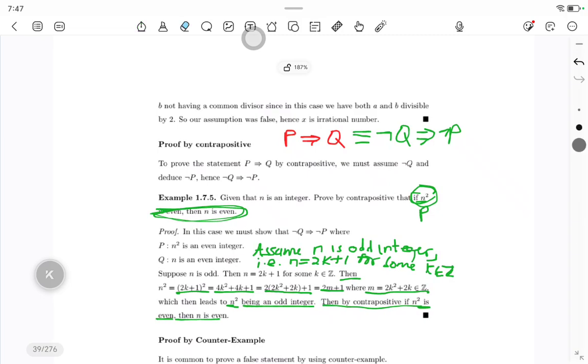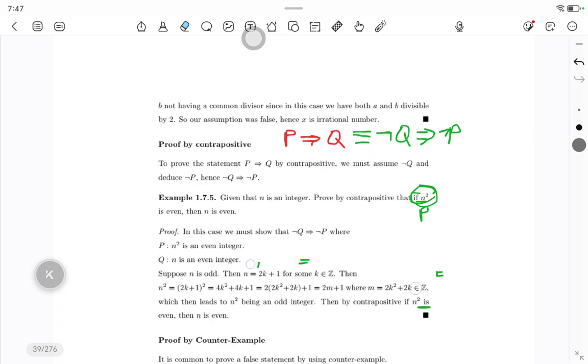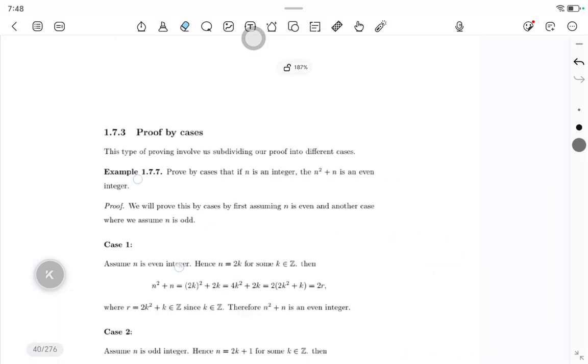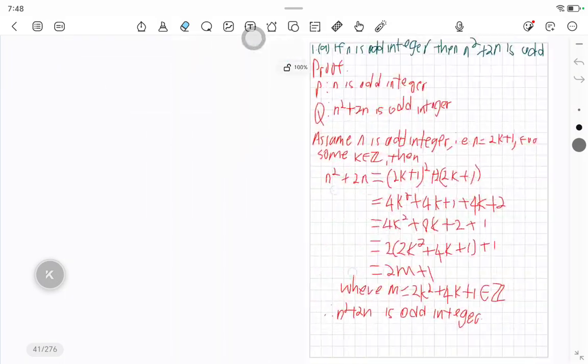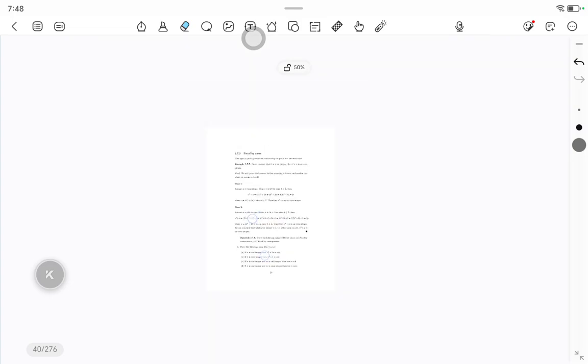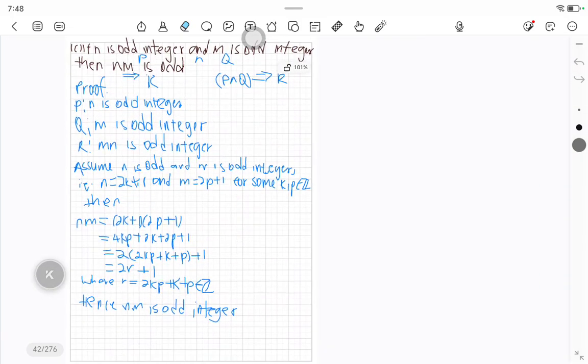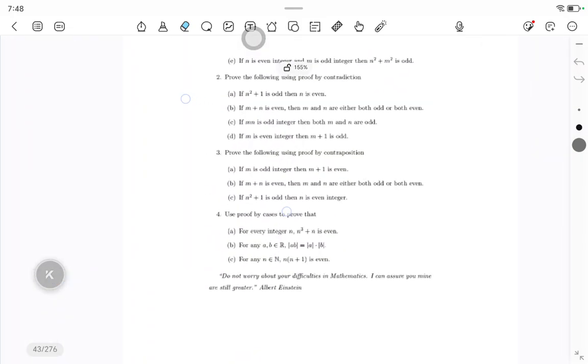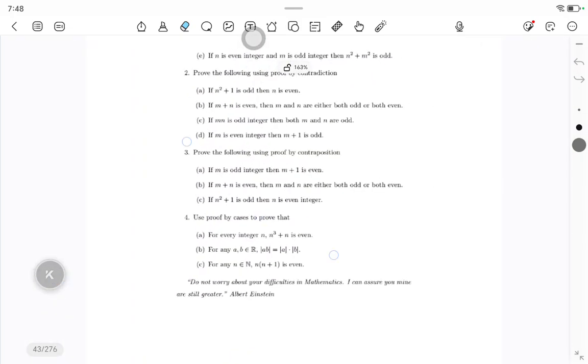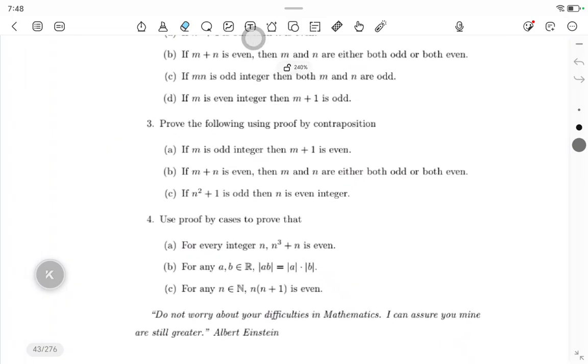So let's try a tutorial, one exercise there, to see how we can answer such questions. So let's see. Okay, you see here, they say prove the following using contraposition.